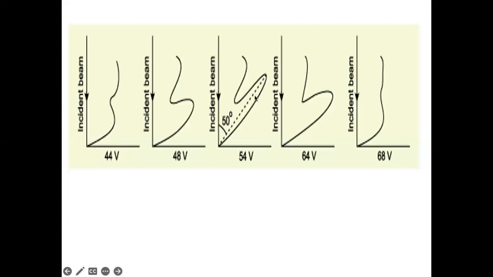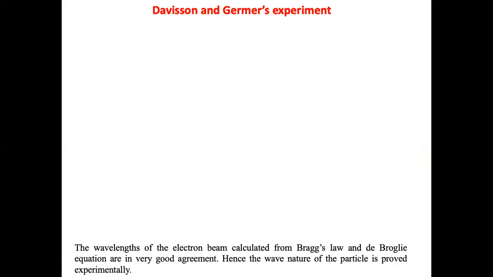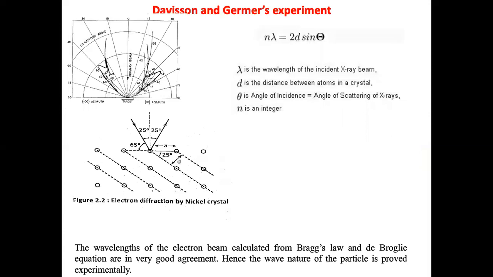Now we calculate the wavelength of the electron according to the de Broglie formula and Bragg's condition. By taking these two references, we prove that electrons have dual nature. According to Bragg's condition, n lambda is equal to 2d sin theta, where lambda is the wavelength of the electron beam and n is the order.